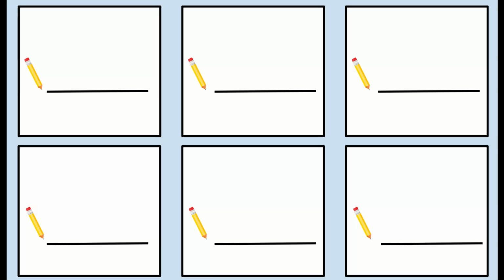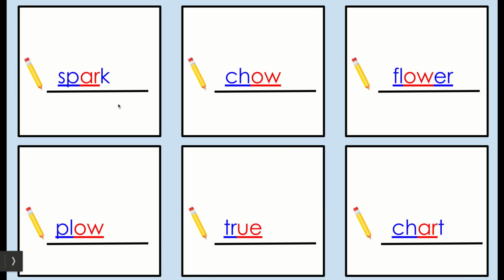Now let's check your answers. The first word was the word spark. Letter pairs SP and AR at the end.